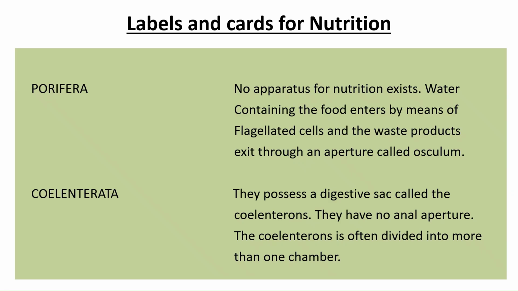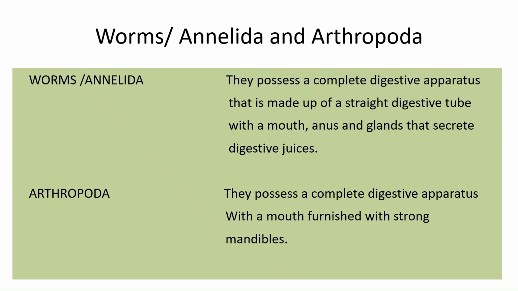In the next few slides, you can see the labels and cards for nutrition. So here we can see the porifera and coelenterata, and I have given the cards for the nutrition regarding each animal. Here are the labels and cards for worms or annelida and arthropoda.